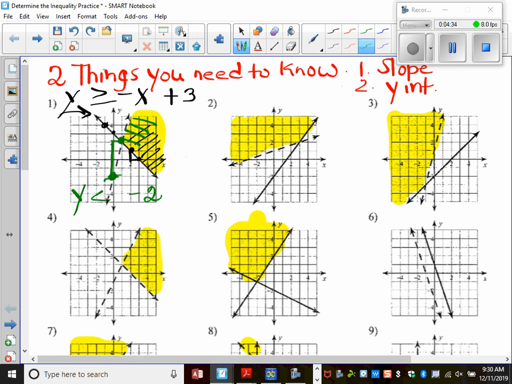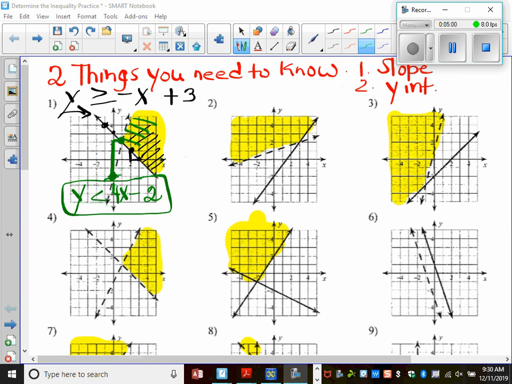And I went up 4 over 1. Correct? From the y-intercept, I went up 4 over 1. Right here. So that's going to be 4x. And there's my second equation. So y is less than 4x minus 2. Number 2.